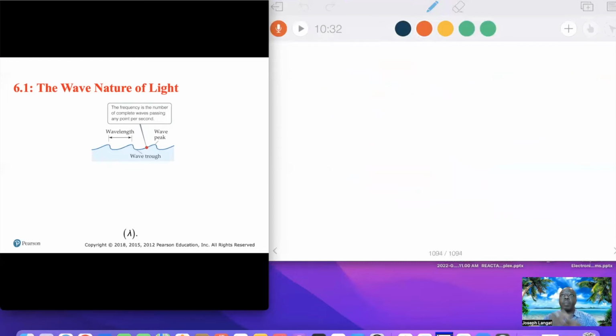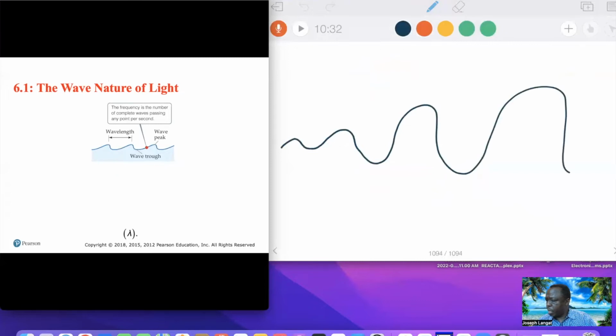Light coming through the window has wave properties. I will use this illustration with a purpose. These represent a wave, similar to what you see on the PowerPoint slide. It has what we call the wavelength, the distance between two adjacent peaks.